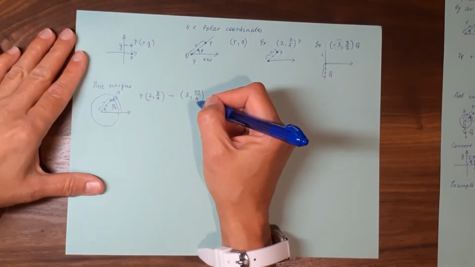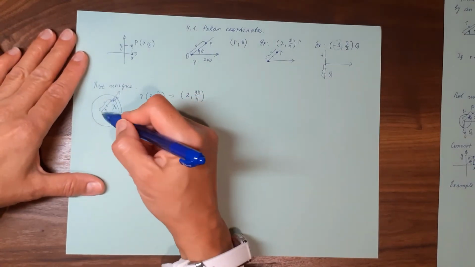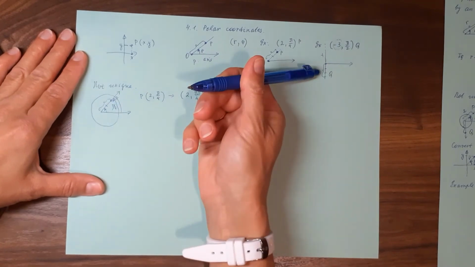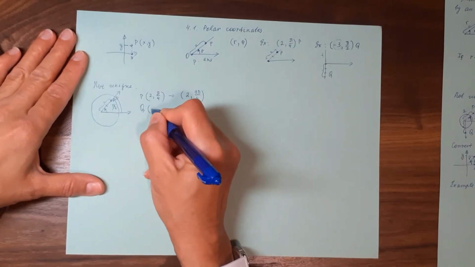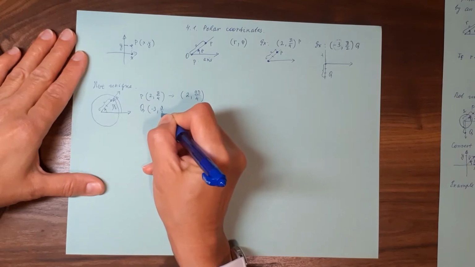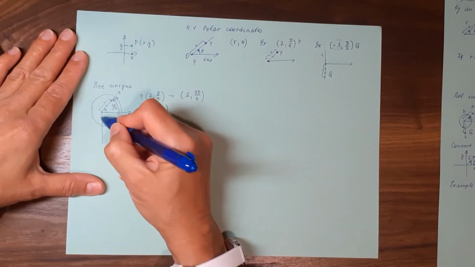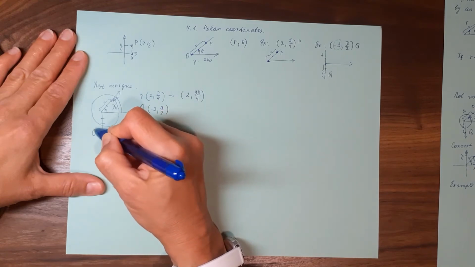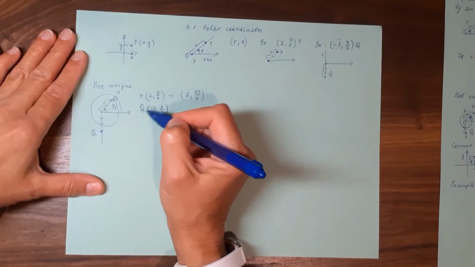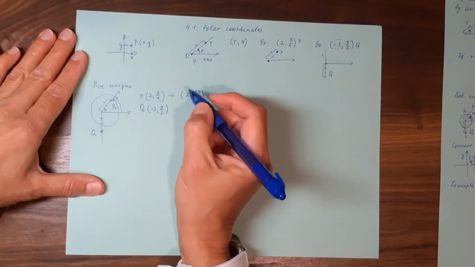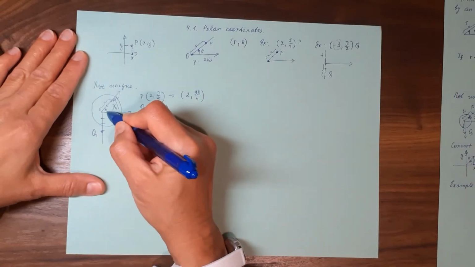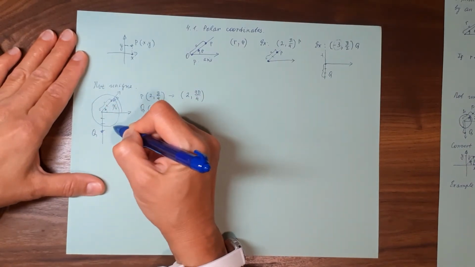What can be another way for it to be not unique? Well, let's graph point Q. Remember that point Q has coordinates negative 3, pi over 2 and sits on the negative side of the pi over 2 angle, 3 units. Now, how else can we obtain the same point? The counterclockwise direction of angle theta is positive.